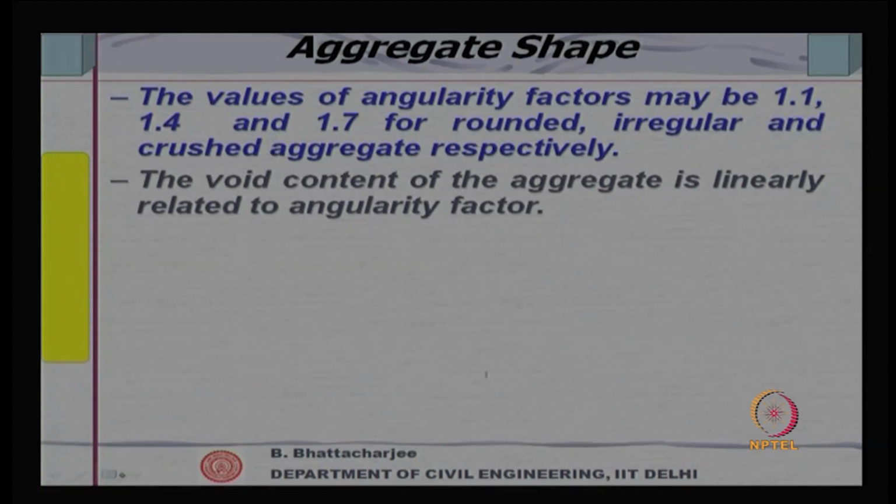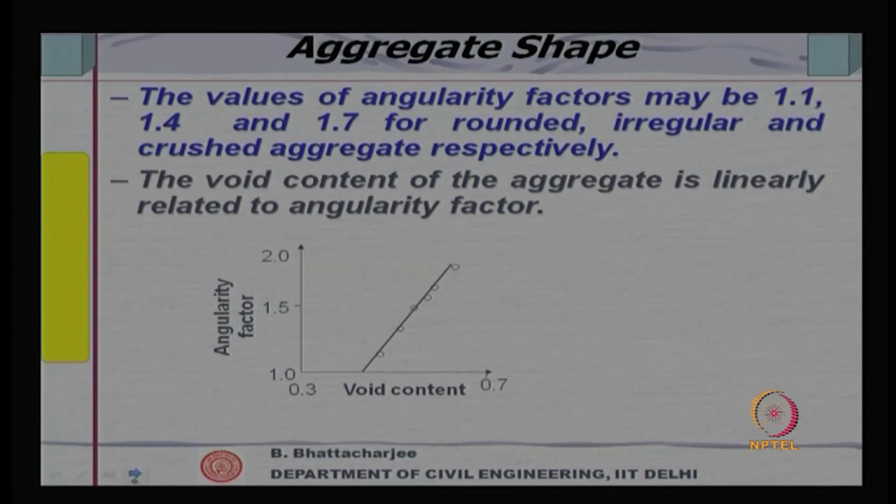If you plot this graph, it has been observed that void content increases with angularity factor. As the angularity factor increases, that means the aggregate is now more angular in shape, and void content increases. So, that is why the shape is important.